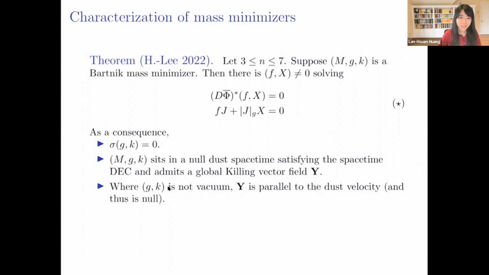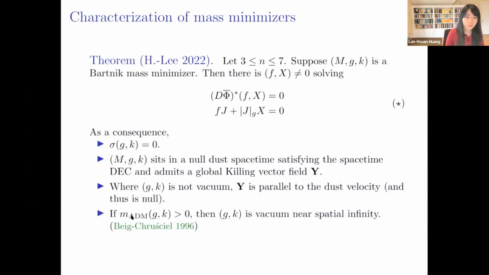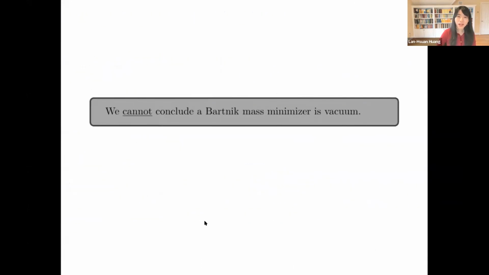Also, we know if it's not vacuum, then Y has to be null. And then if the mass of this minimizer is strictly positive, in other words the Bartnik mass is strictly positive, then the initial data set is vacuum. It actually follows from an early observation, because the Killing vector has an expansion in terms of the energy and momentum, by Beig and Chruściel.